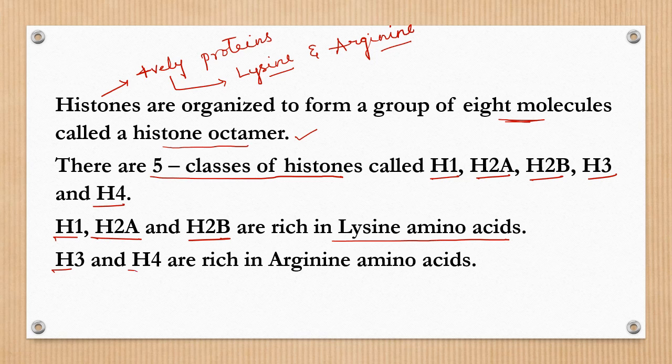H3 and H4 are rich in arginine amino acids. These are also very important in the objective concept.